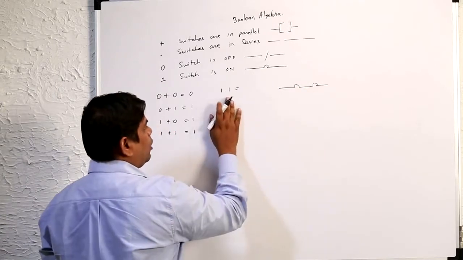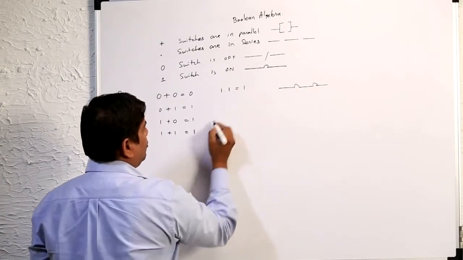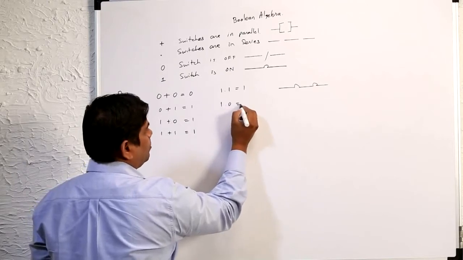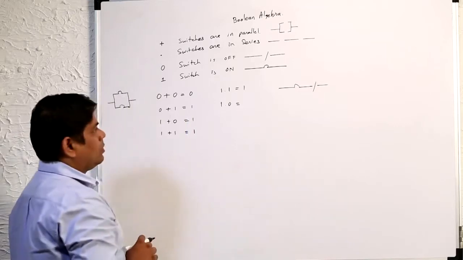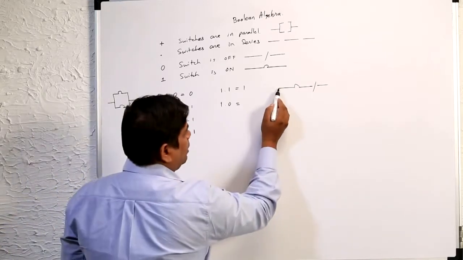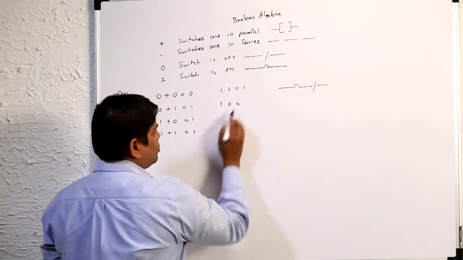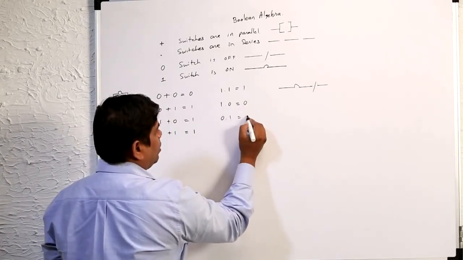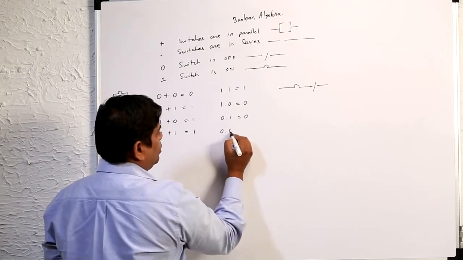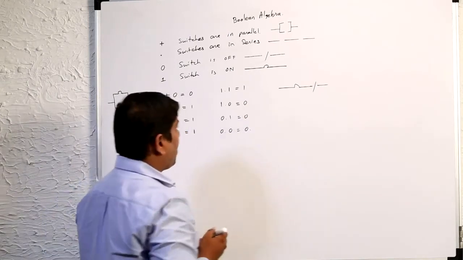So 1 dot 1 is 1 itself. 1 dot 0: if you supply current here, it is not going to reach here at all. So 1 dot 0 is 0. Similarly, 0 dot 1 is 0, and 0 dot 0 is 0.